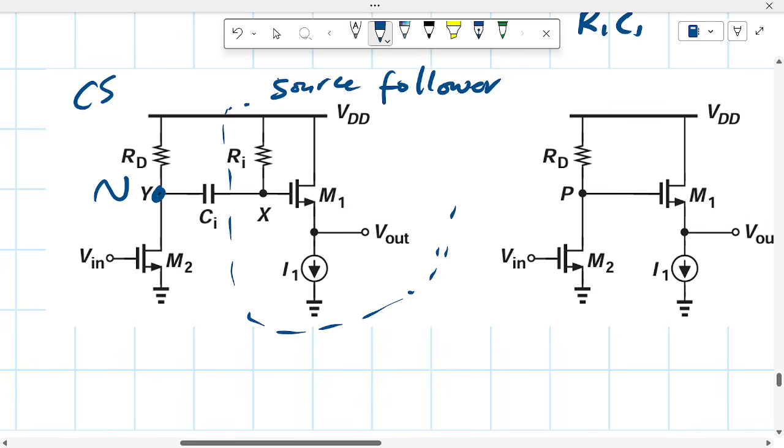Now we looked at the biasing of source followers, and in this case we could bias the source follower with I1, a current source, or some form of voltage at a point X.